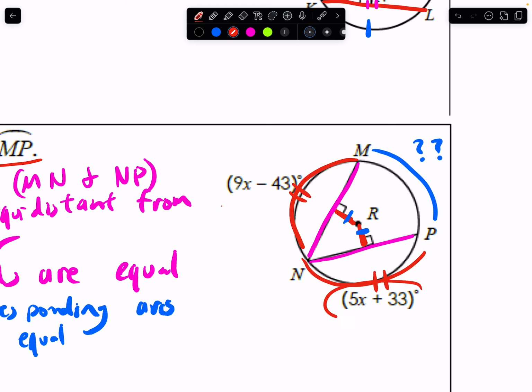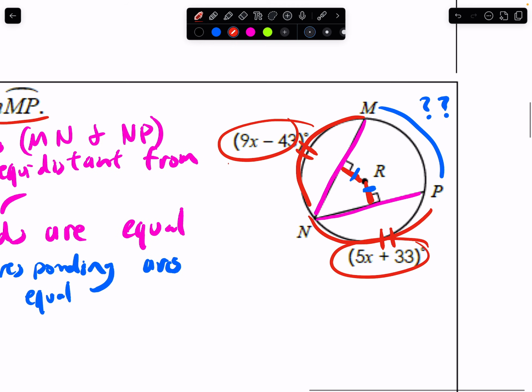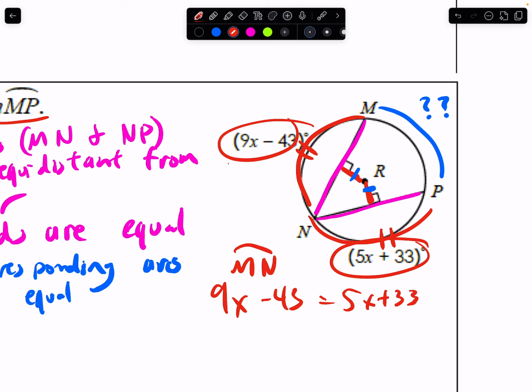That means you can set this equal to this: 9x minus 43 is equal to 5x plus 33. That means arc MN is equal to arc NP. You can solve for x: 4x is equal to 76, x is equal to 19.